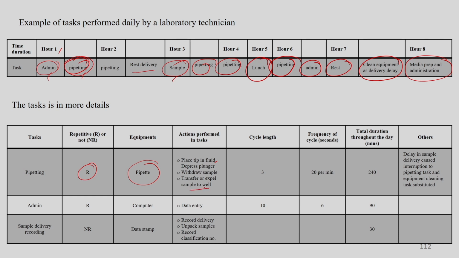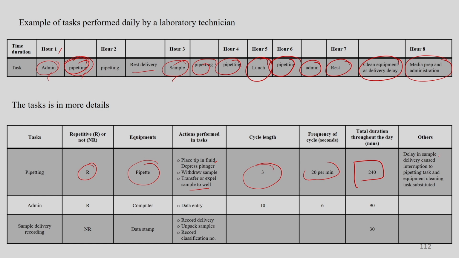What is the cycle length? Maybe you can use 3 minutes, and the frequency of the cycle is 20 times per minute that he or she is doing the job. So the total duration of this pipetting job in a whole day is 240 minutes, correct.